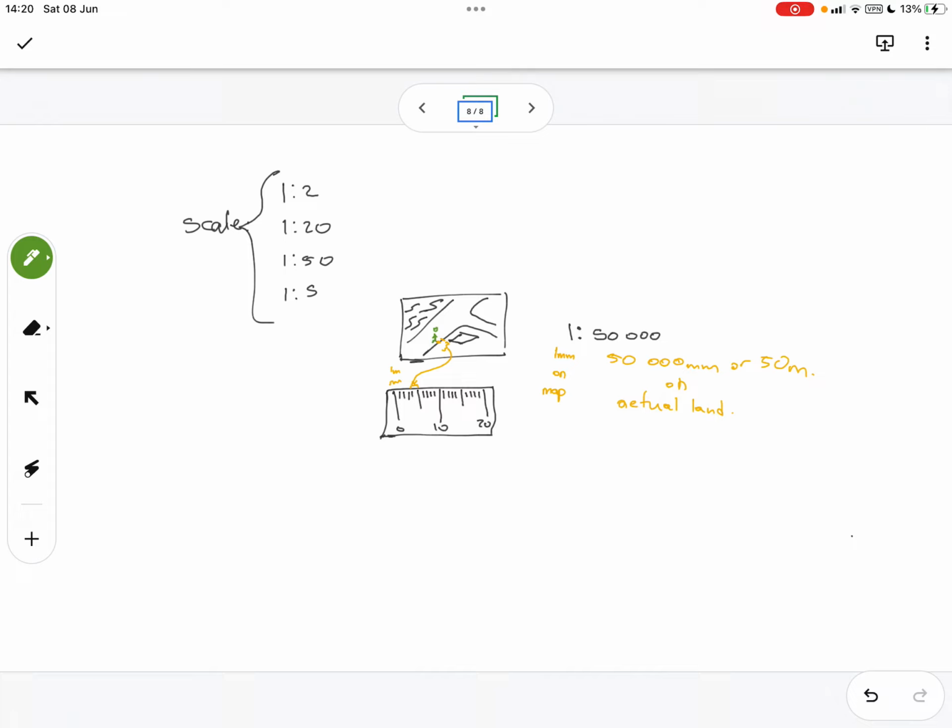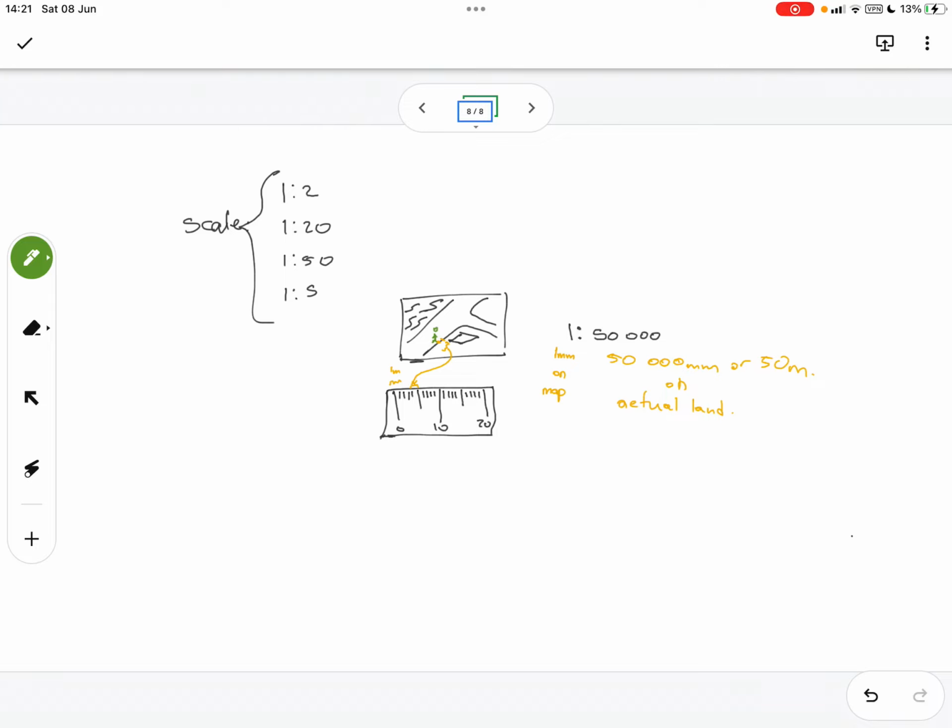So if I put myself like that person on Google Maps, then I'll be looking at 50 meters. So literally, like 50 meters, maybe half a soccer pitch?